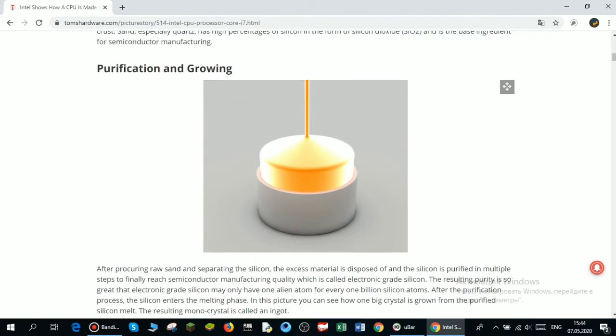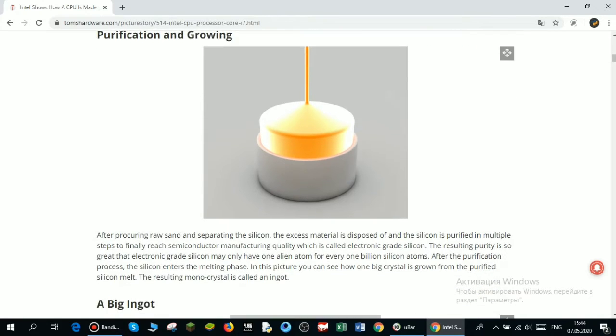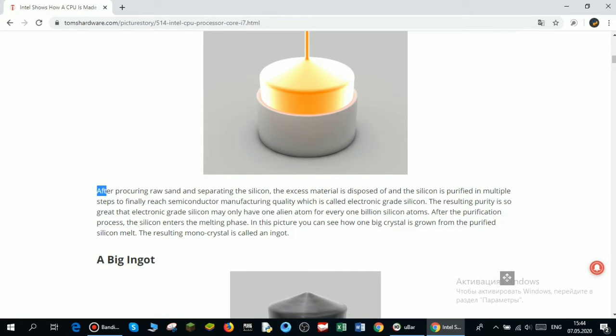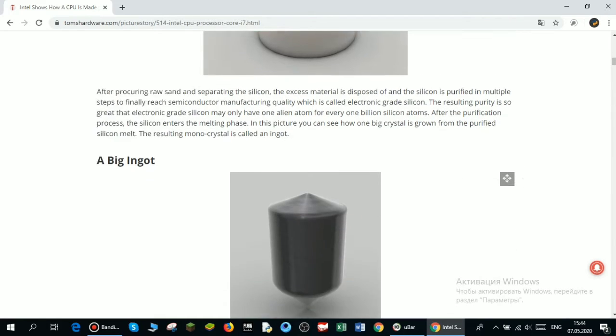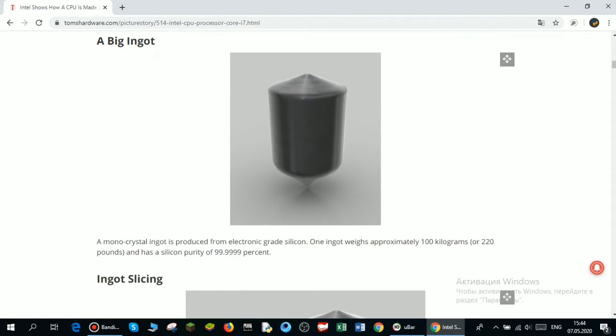Oh, that's nice. Yes, you can see this is a photo, and this is the information about this photo. That is the best information which I can see. Okay guys, it is very short information, and I'm going to read it for you. A monocrystal ingot produced from electronic grade silicon.